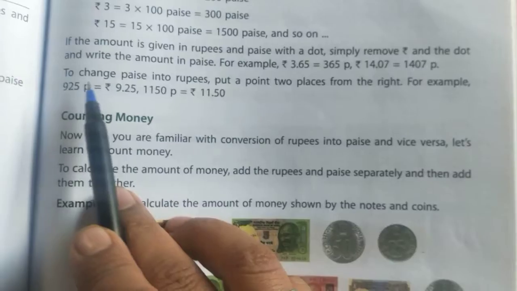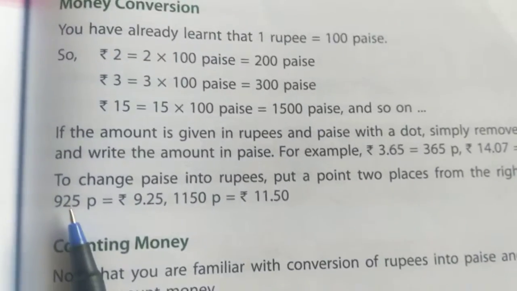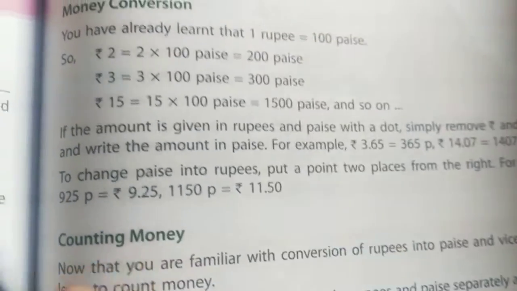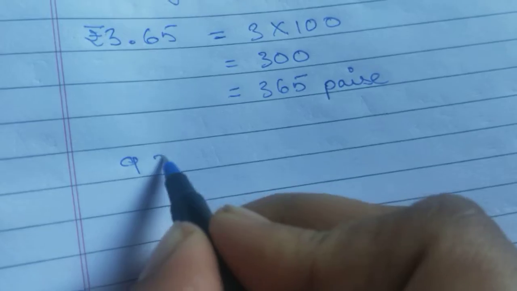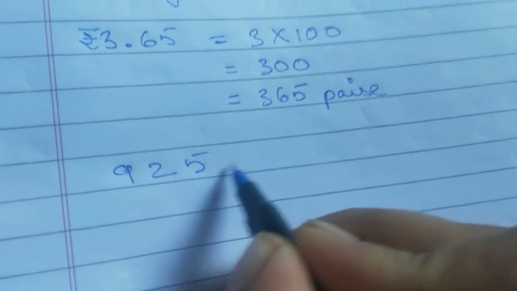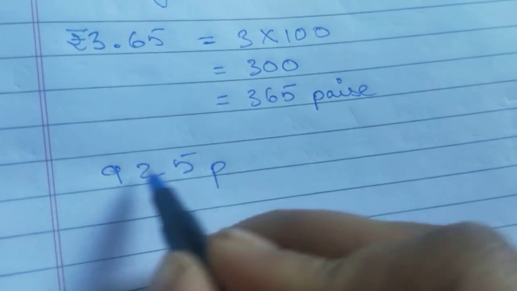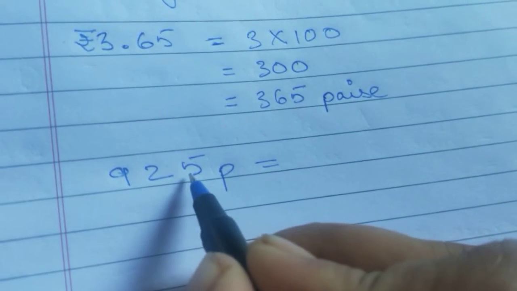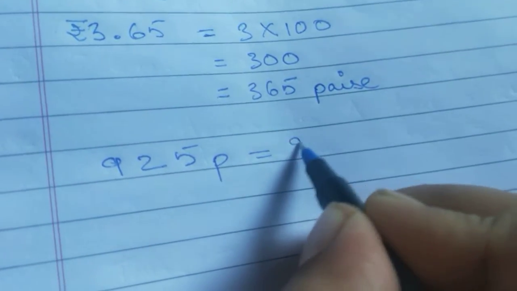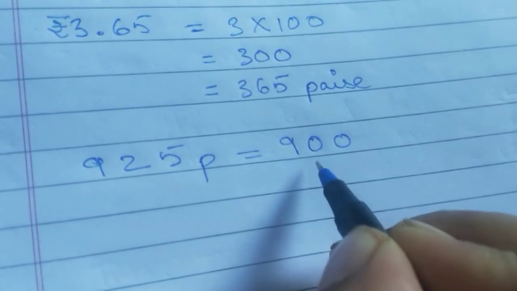Okay. Now you already know that 1 rupee contains 100 paise. So if you go through the long process, I'll take this amount 925 paise. If you have got 925 paise, and you are converting this into rupees, you leave out 25 paise, so you have got 900 over here.